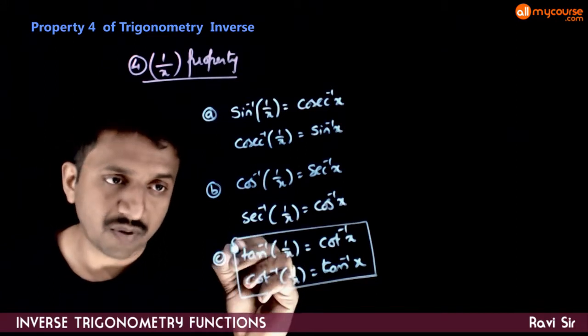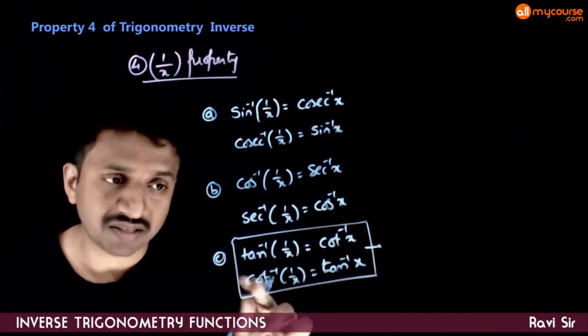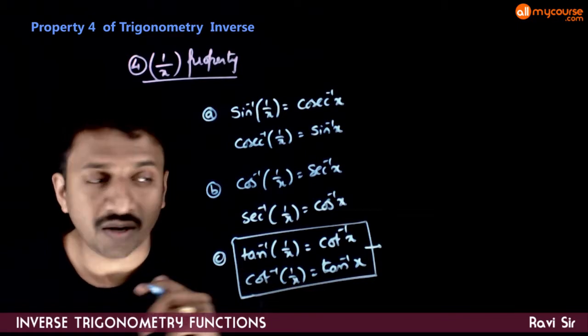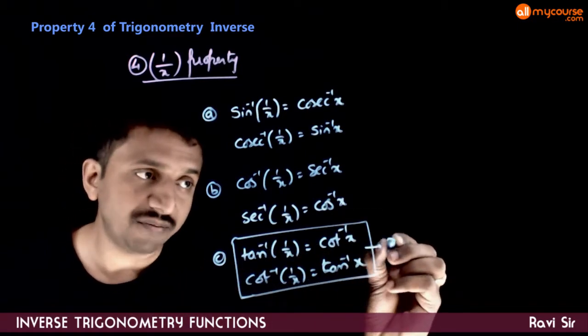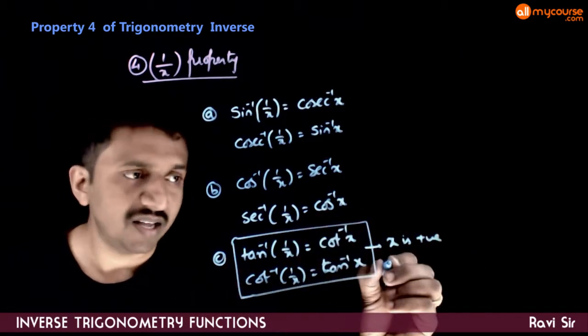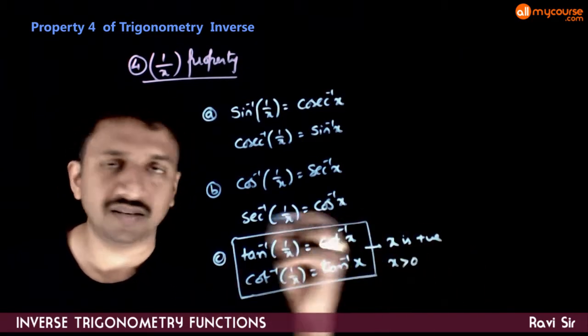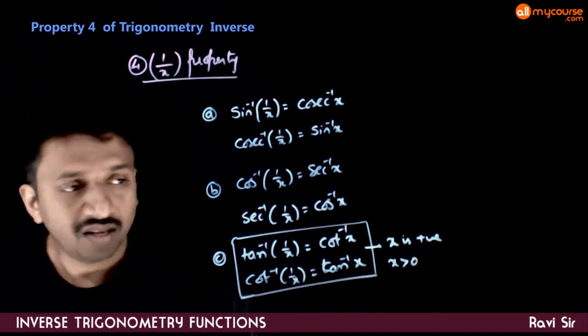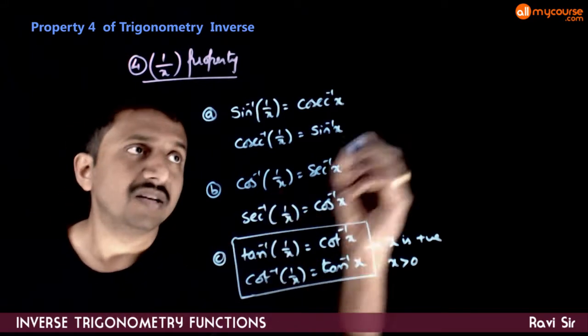But tan inverse of 1 by x is equal to cot inverse of x, and cot inverse of 1 by x is equal to tan inverse of x, is valid only if x is positive. That is, if x is greater than 0. If x is positive, tan inverse of 1 by x is equal to cot inverse of x.